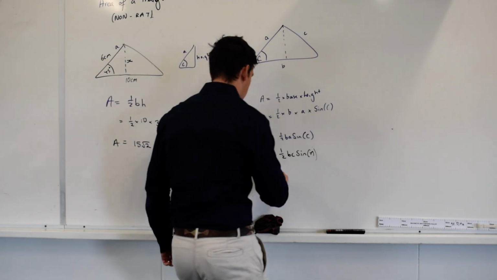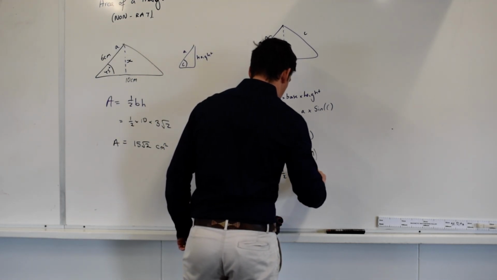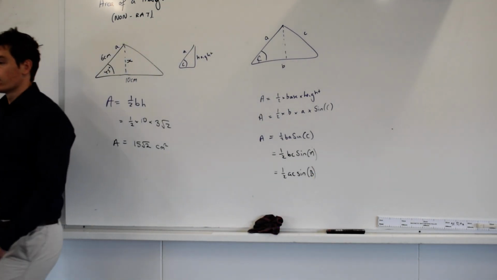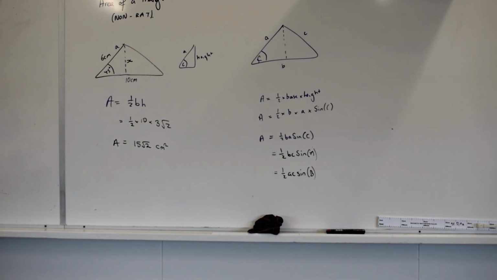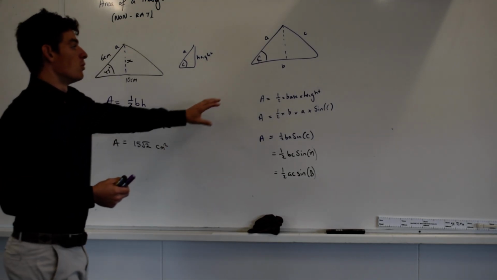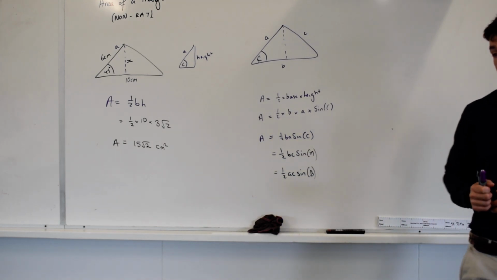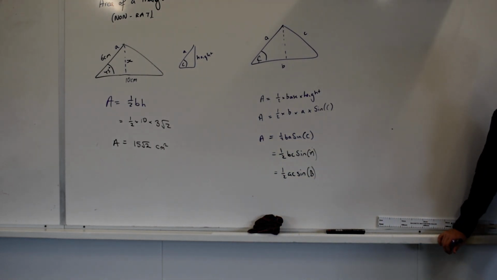Could I write that? Doesn't matter which way, correct? We can create those sides and label the triangle as we want, providing we do what? Where must our angle be? In between the two sides. Yeah, well, opposite our other side, which means between the two non-corresponding sides. Cool? Happy with that?